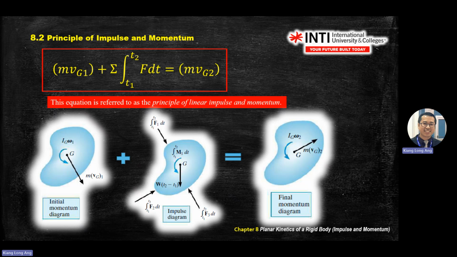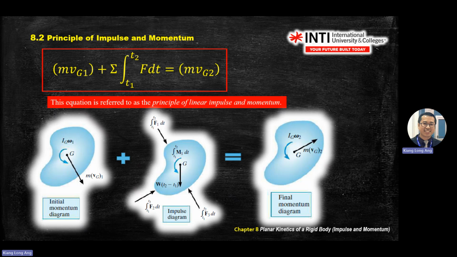I highly recommend that after you write this, you draw these three diagrams so that you know what's happening and what parameters you should include in your calculation, because you cannot see most of the things here. If you draw these three diagrams, when you sum the vectors, you won't miss anything.